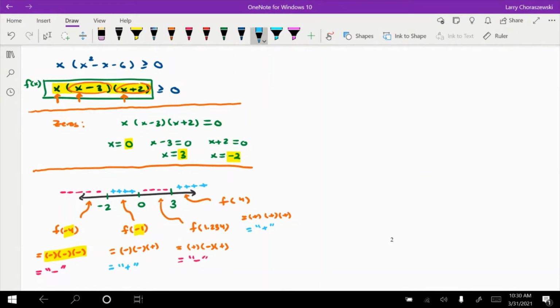So we're not quite finished, but before we move on to the next step, do you guys have any questions about this number line? So which of the two sections do we want? Do we want the negative sections or the positive sections? And that can be answered by looking at our inequality symbol.